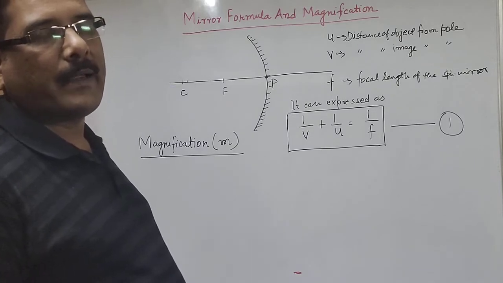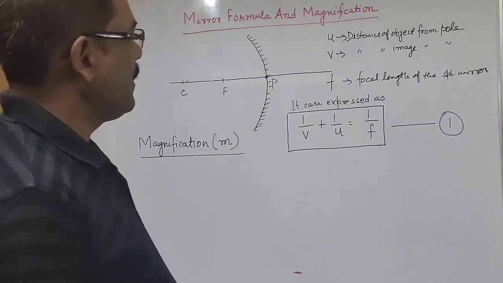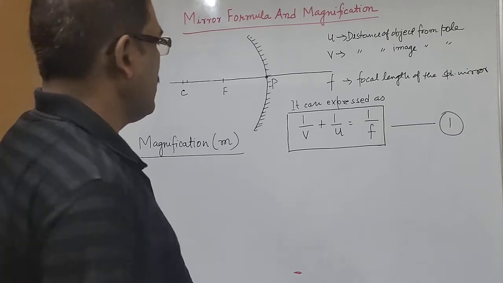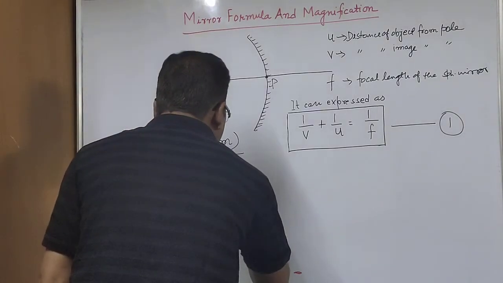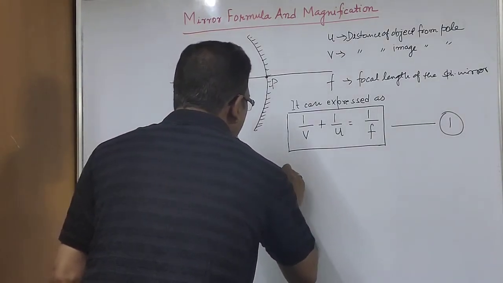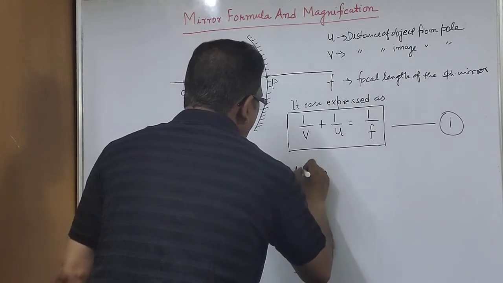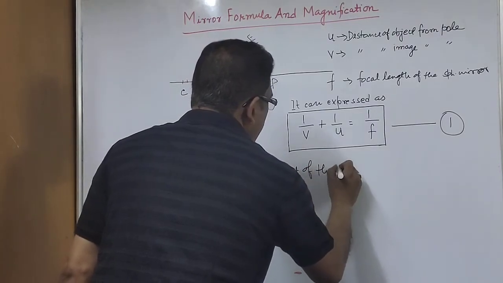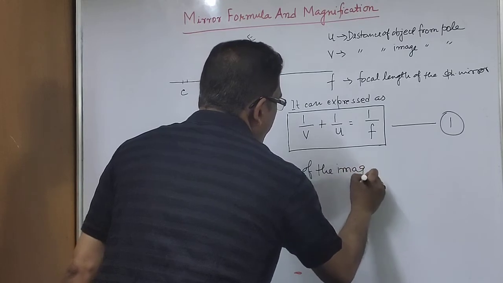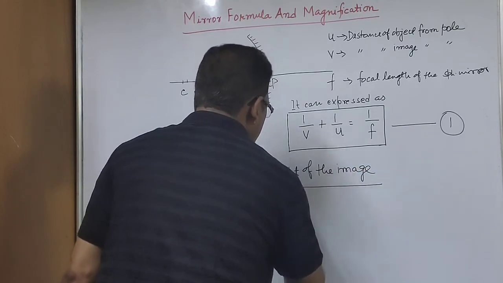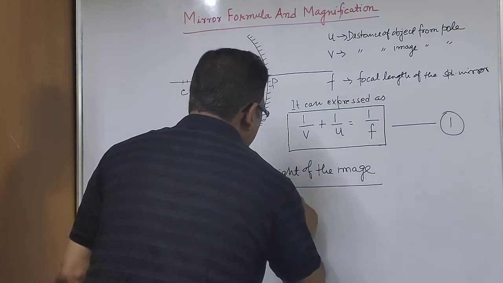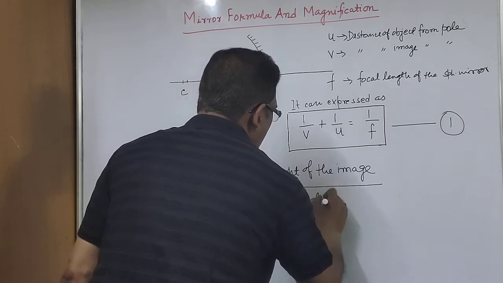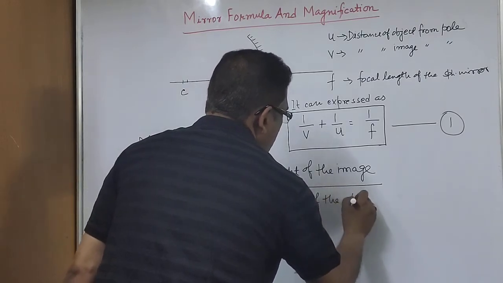Magnification produced by a spherical mirror is simply the ratio of height of the image to the height of the object.